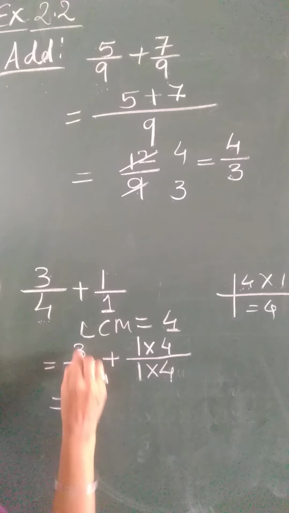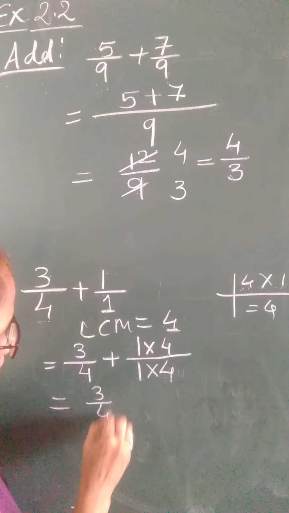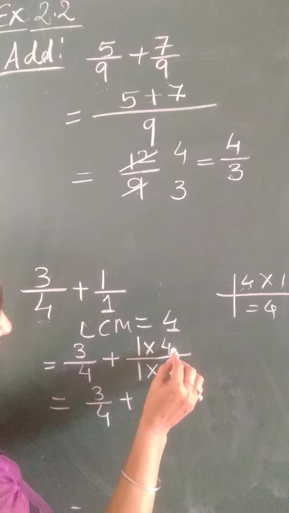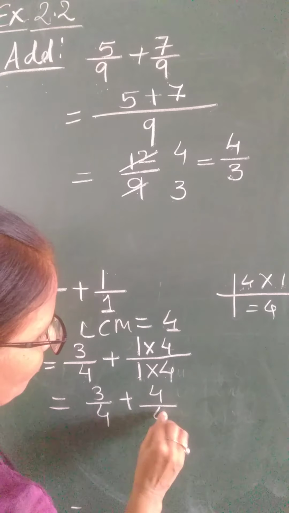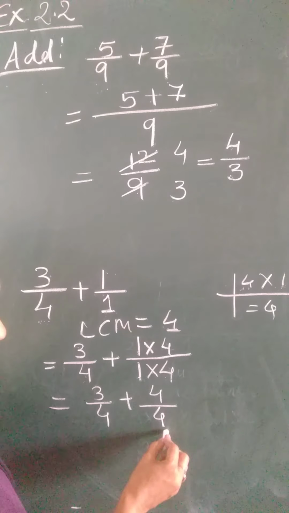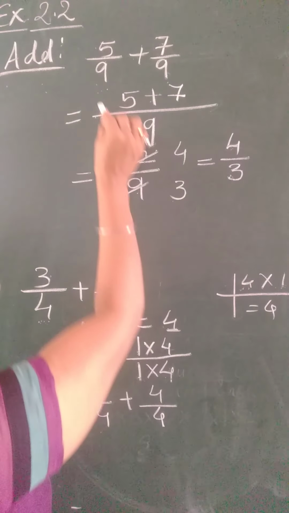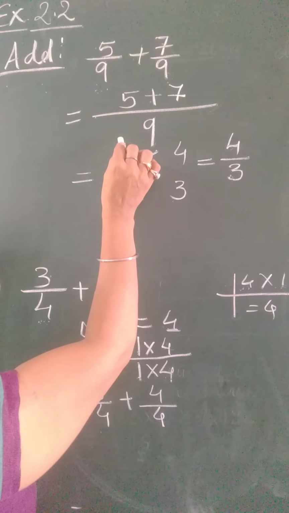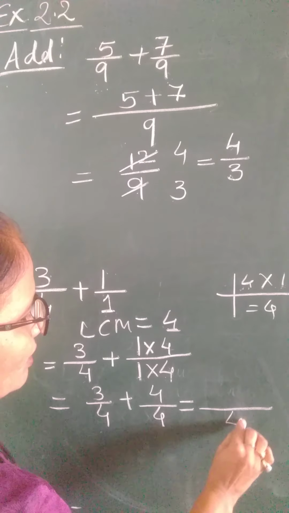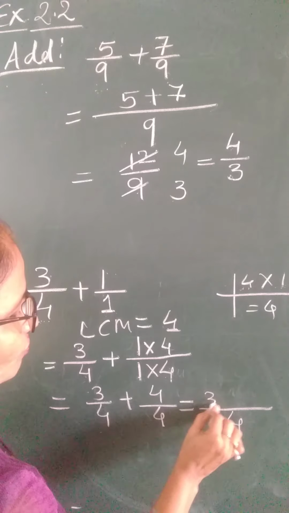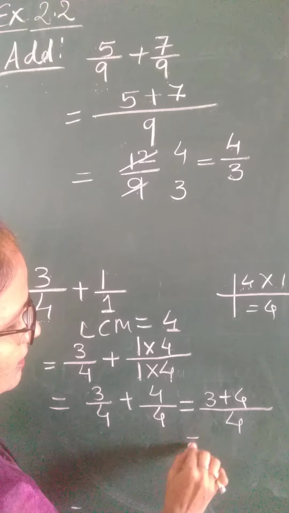Now simplify. This 3 by 4 will be as it is. Plus, let us simplify. 4 ones are 4. 4 ones are 4. Now you can see here the denominator is the same. And you know when the denominator is the same, you will go like this. So again as the denominator is the same, you will write 4 and your numerator will be as it is.